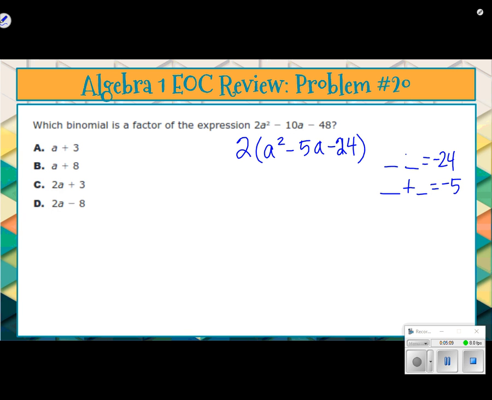That's going to be a negative 8 and a positive 3? So that's going to be 2 times (a minus 8)(a plus 3). So they just want to factor which one works. A works. A is the correct answer.